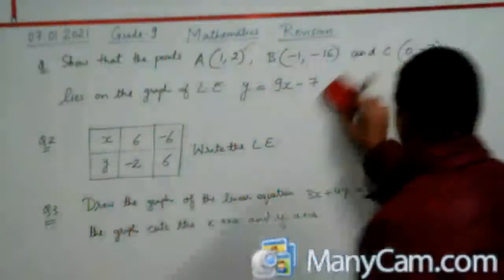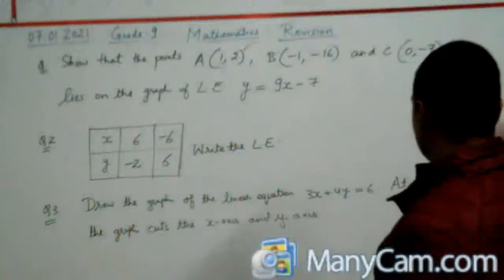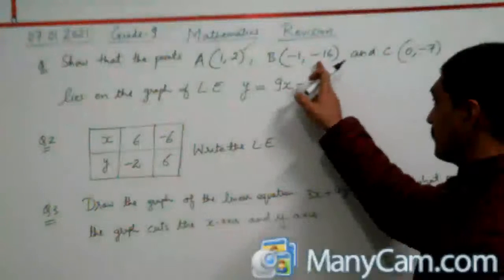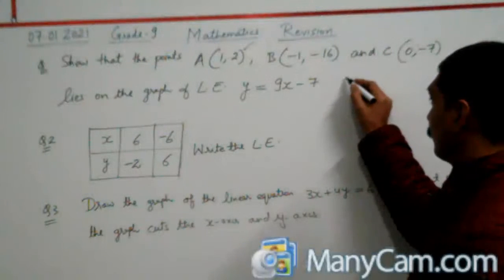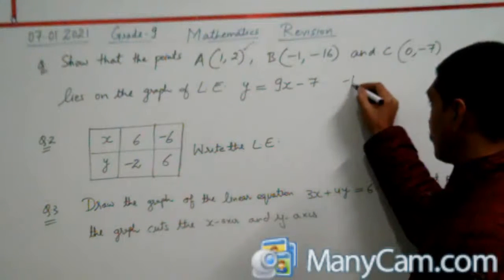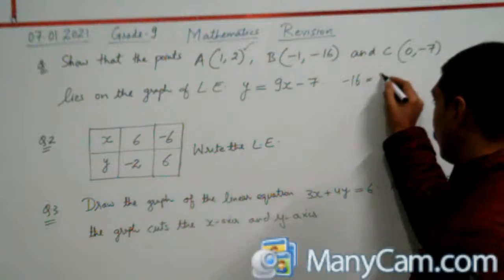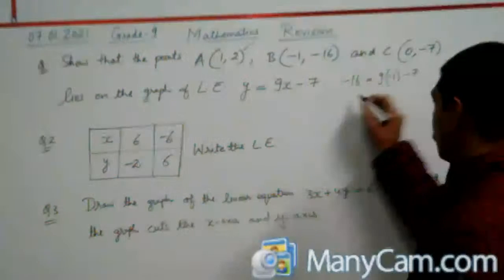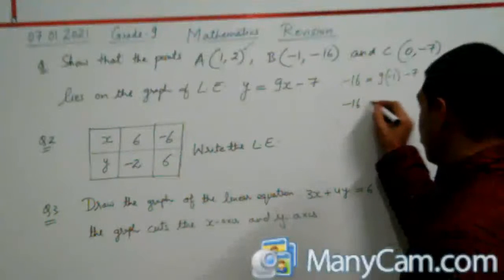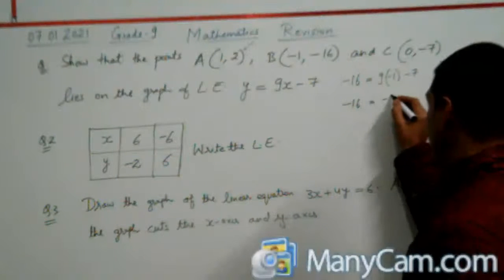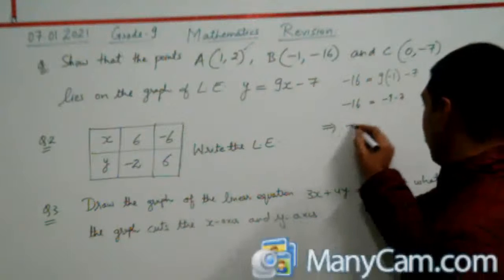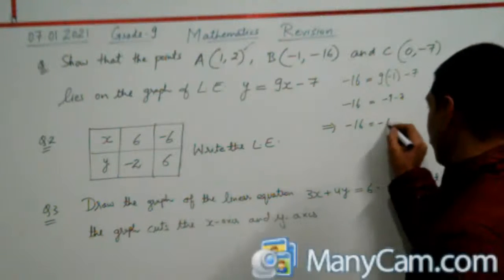Second point is x is minus 1, y is minus 16. So minus 16 is equal to 9 into minus 1 minus 7, that is minus 9 minus 7, so minus 16 is equal to minus 16.